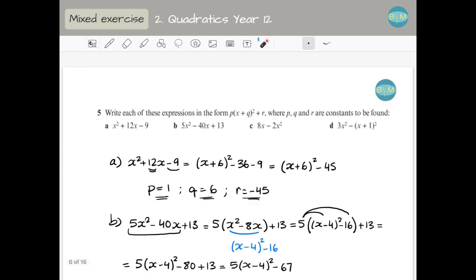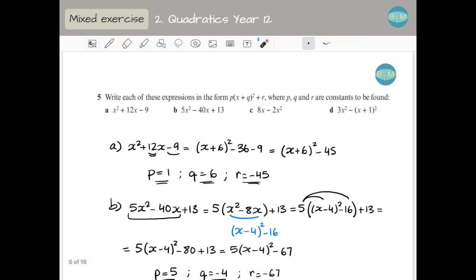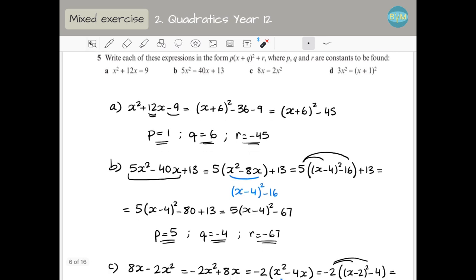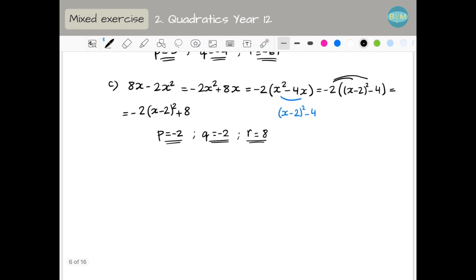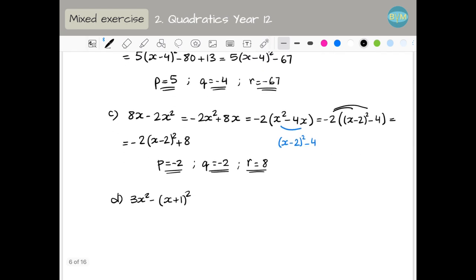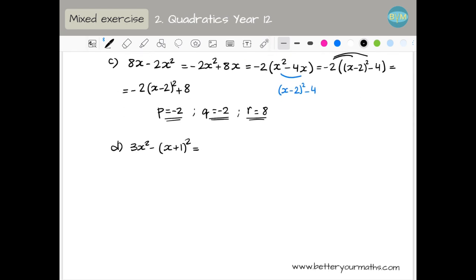And now for D, we have 3x squared minus x plus 1 squared. We will need to prepare the expression a bit. What we are going to do is expand this bracket and simplify the expression, because otherwise we cannot easily complete the square.